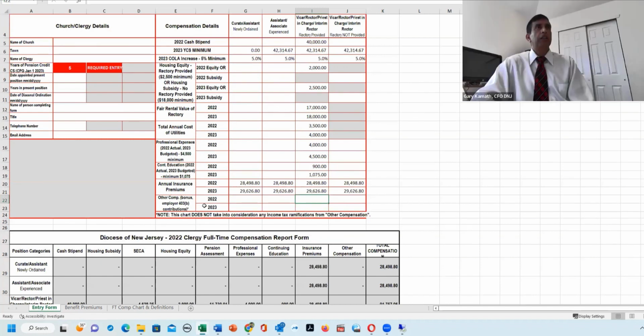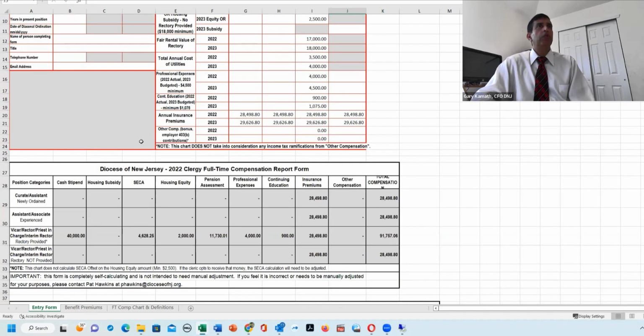Now the last two lines, for other compensation, a bonus or something else, you can put in those amounts here also if there is any. Okay, and say those are zeros for now. And so the compensation report for 2022 is showing up right here.